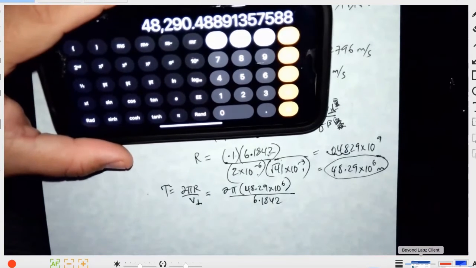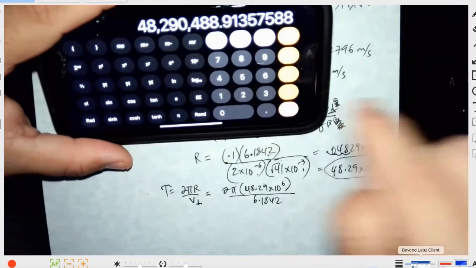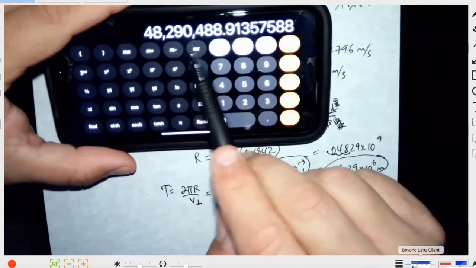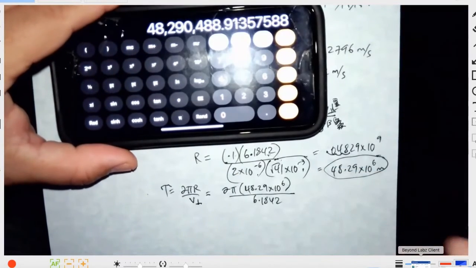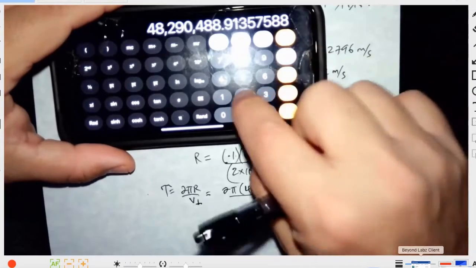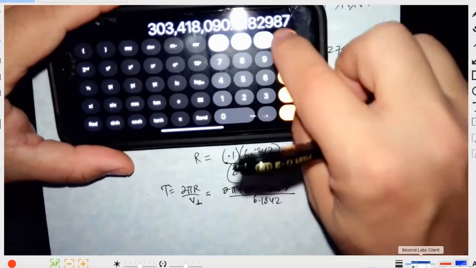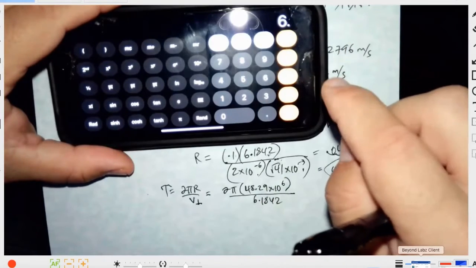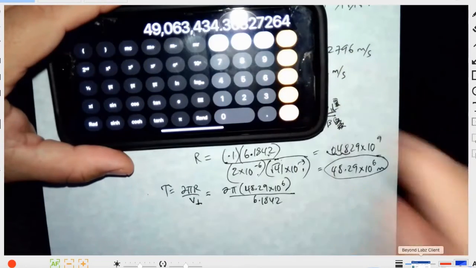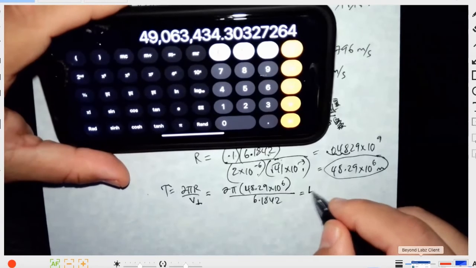No, hold on, I did something. It's times 1,000. It's 48,290,488, no, that's meters. Then times 2 times pi divided by 6.1842. So that's seconds.